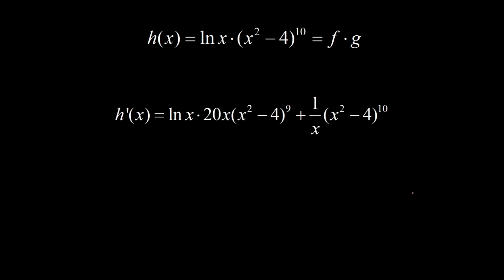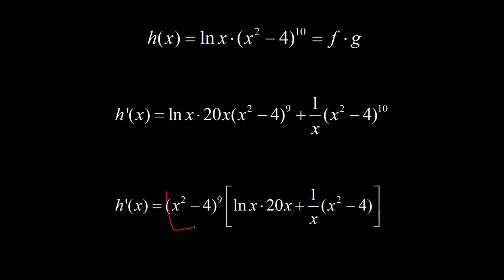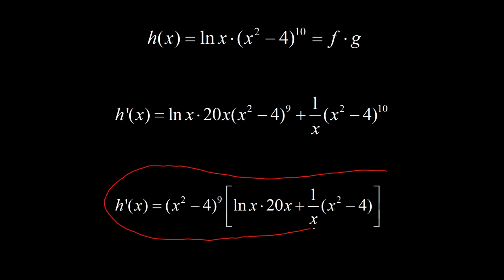There is a greatest common factor here of x squared minus 4, all raised to the 9th. That's our greatest common factor. And here is our simplified answer. That is the derivative.